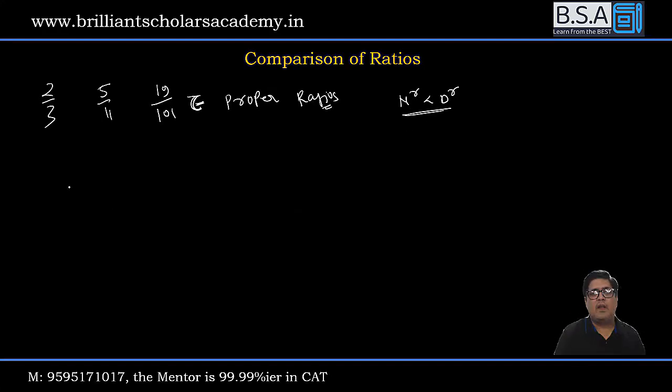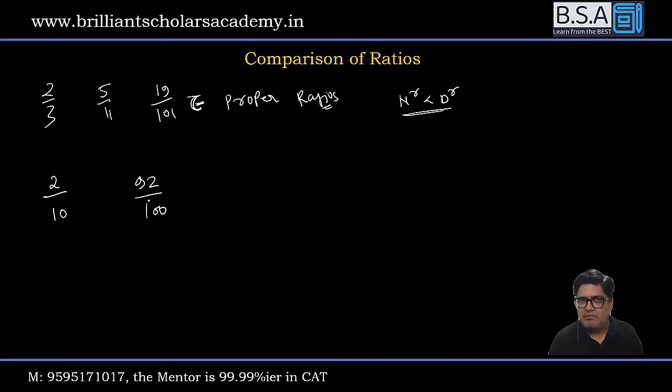Observe. I'm deliberately taking numbers which are easy for you to handle. If I take, let us say, 2 upon 10, I'm adding 90 to both. So 92 upon 100.